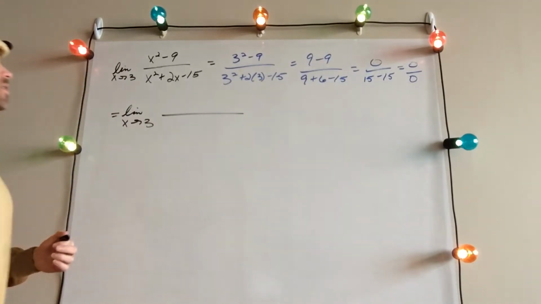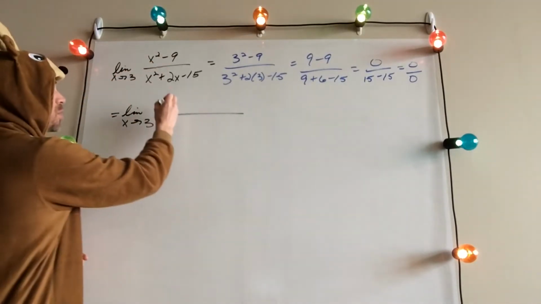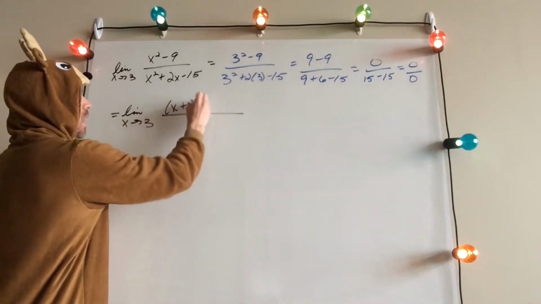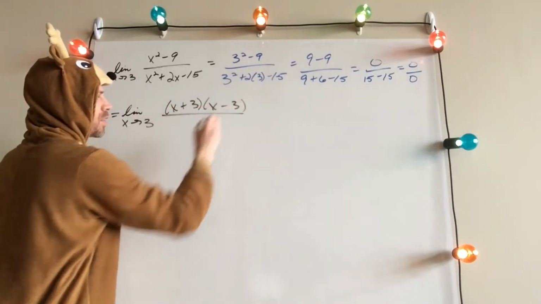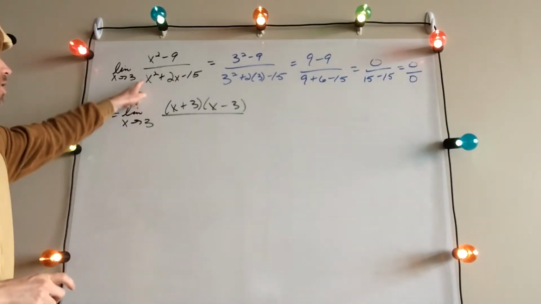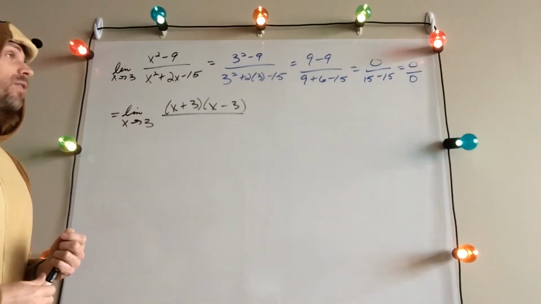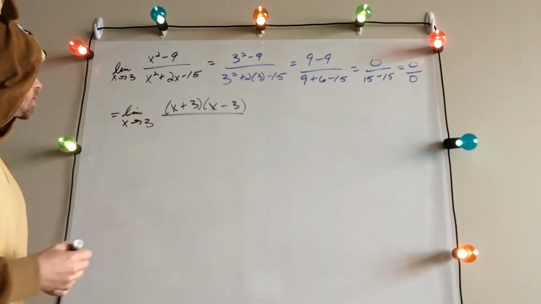That numerator, x squared is a square, 9 is also a square, subtraction between. So that should factor with our difference of squares pattern. And then in our denominator, this is the easier case where it's a 1x squared plus bx plus c.